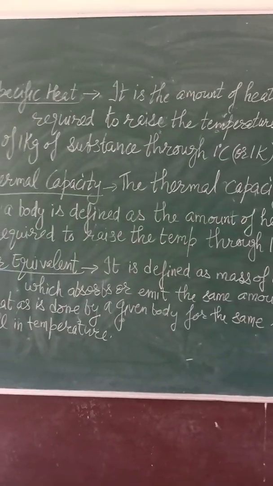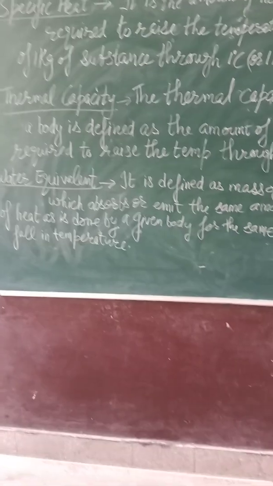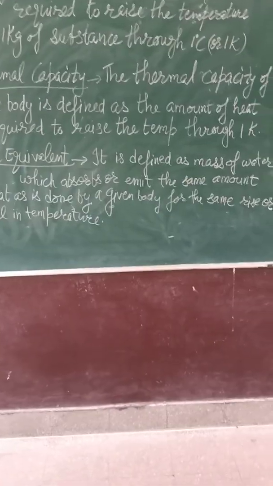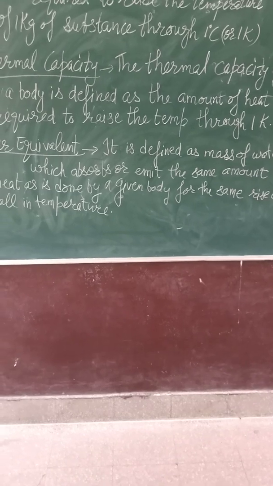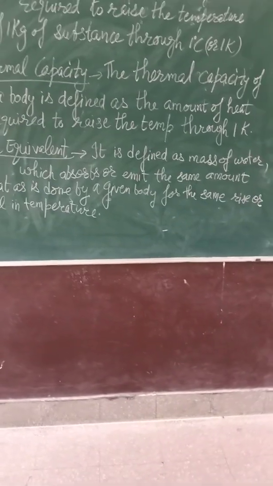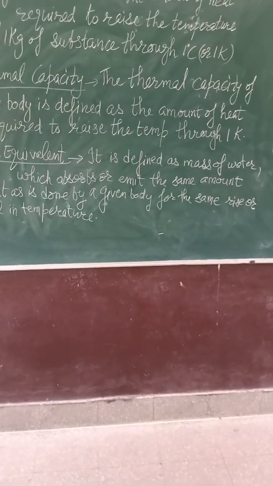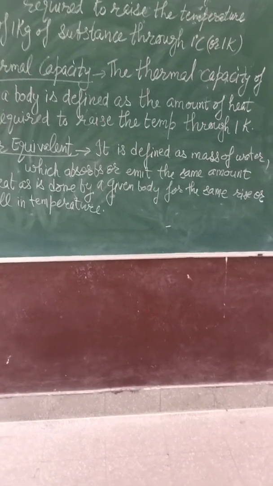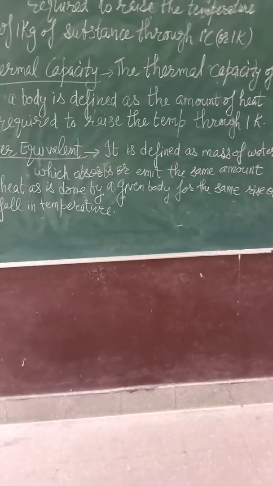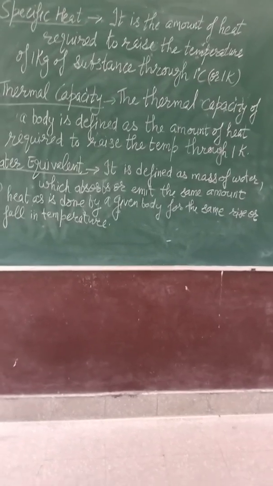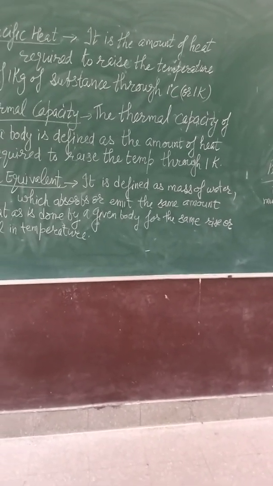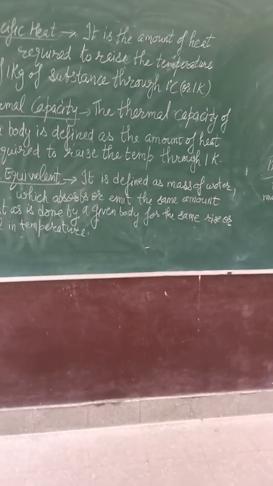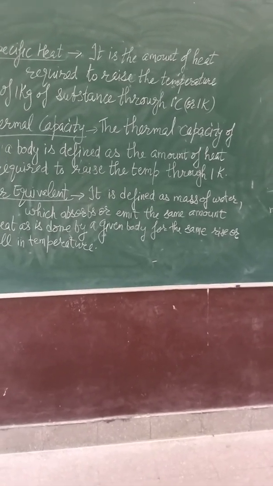Then thermal capacity, then water equivalent. Water equivalent is defined as the mass of water which absorbs or emits the same amount of heat as is done by a given body for the same rise or fall in temperature. For example, in one beaker we have water and in another any substance. Mass of both is the same, right?